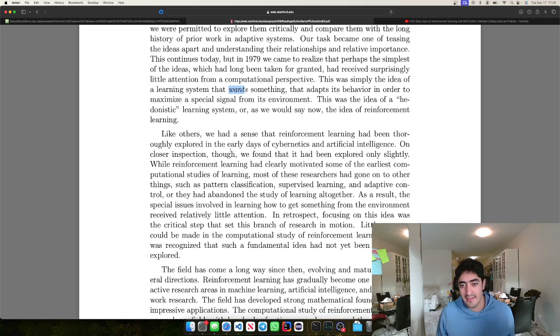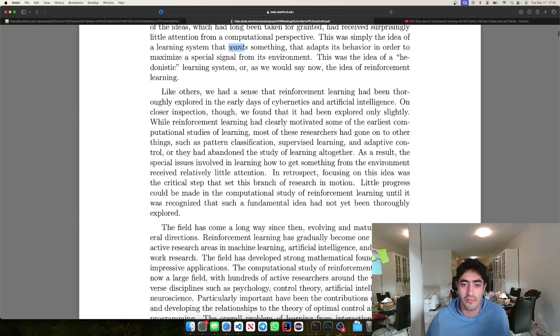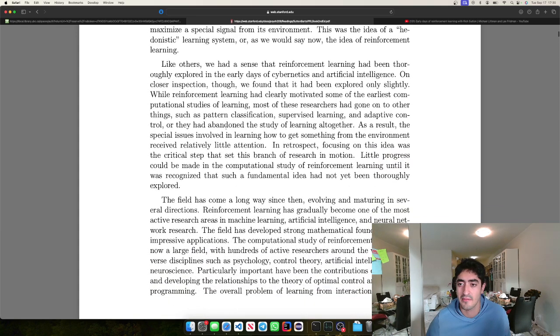Like others, we had a sense that reinforcement learning had been thoroughly explored in the early days of cybernetics and of artificial intelligence. On closer inspection, though, we found that it had been explored only slightly, while reinforcement learning had clearly motivated some of the earliest computational studies of learning.